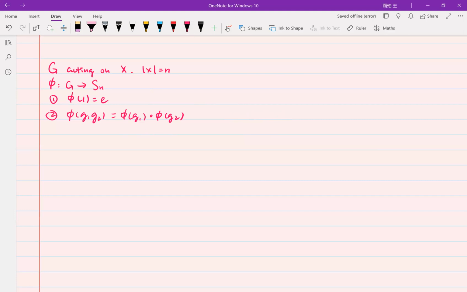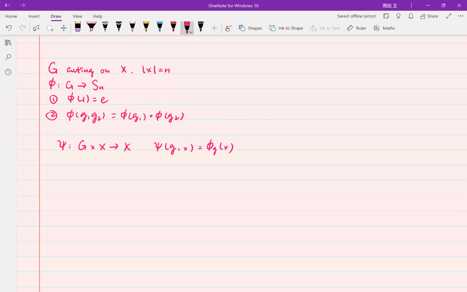Okay. Now that we have the homomorphism, we can define the group action. So we define a group action psi. It goes from G times X, the Cartesian product of the group and a set, to X. And here, psi of g and x equals phi subscript g of x.